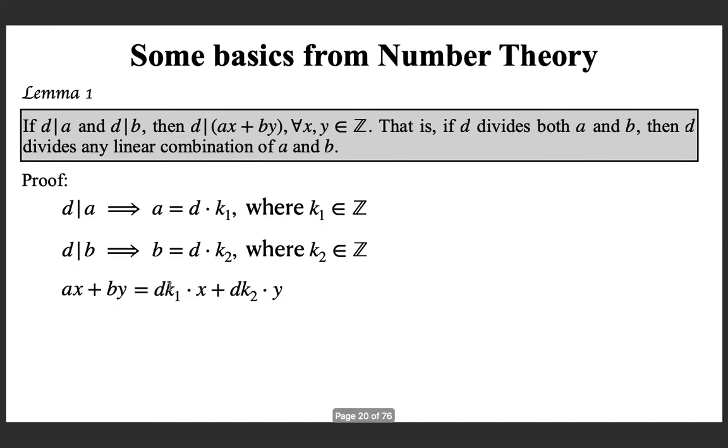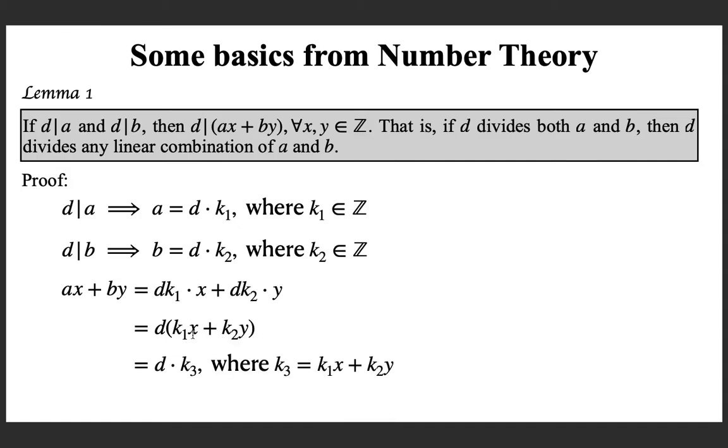You can write it as dk1 into x plus dk2 into y, which, if you take d as a common factor, is d times k1x plus k2y, which can be written as d multiplied by an integer, because k1x plus k2y is an integer.